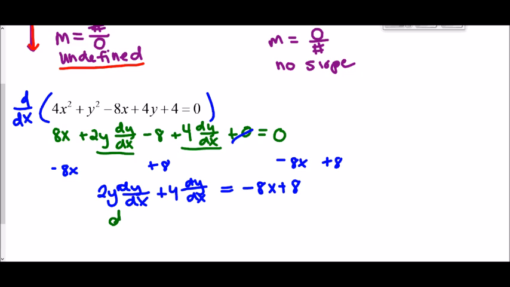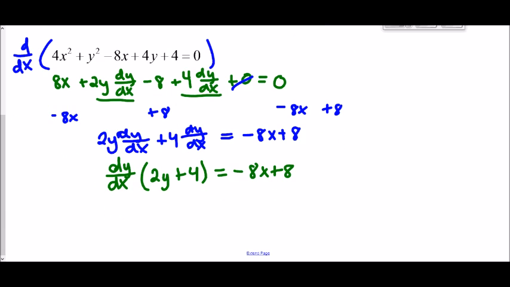So we need to factor out a dy/dx. So we have (2y plus 4) dy/dx equals negative 8x plus 8. So dy/dx equals negative 8x plus 8 all over 2y plus 4.